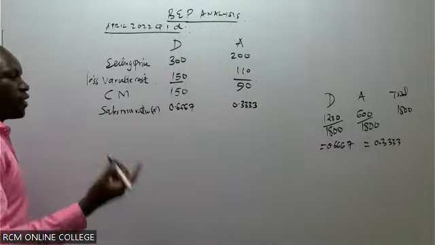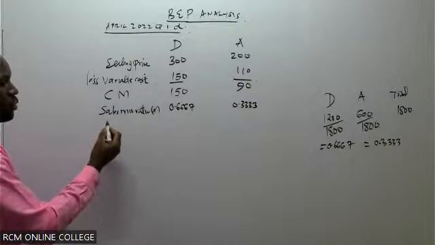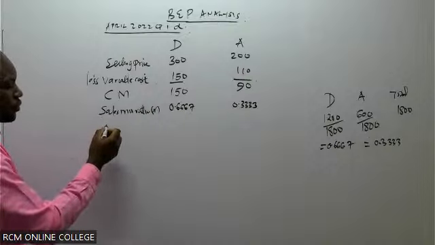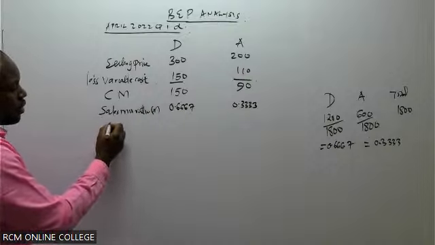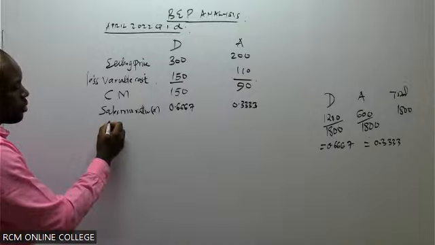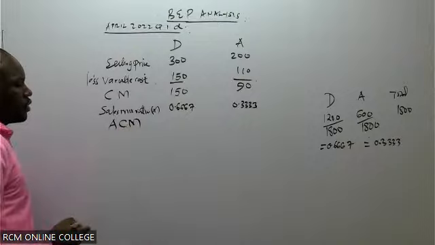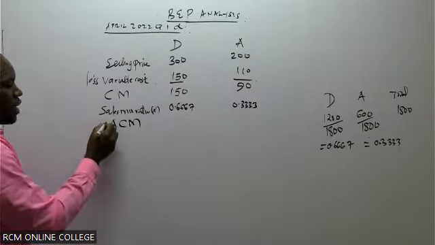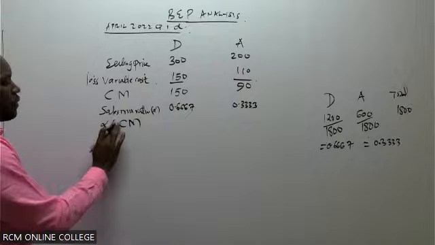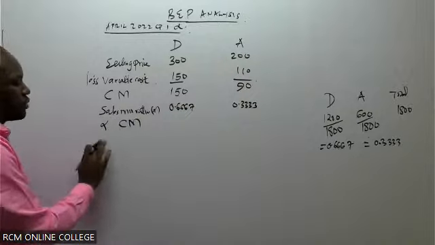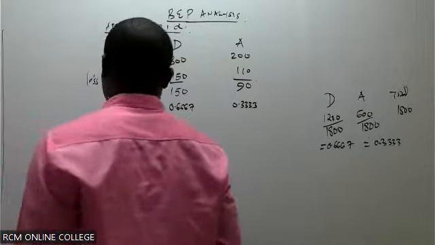Good. Once you have your sales mix ratio, you should be able to give us the average contribution margin: alpha multiplied by contribution margin.